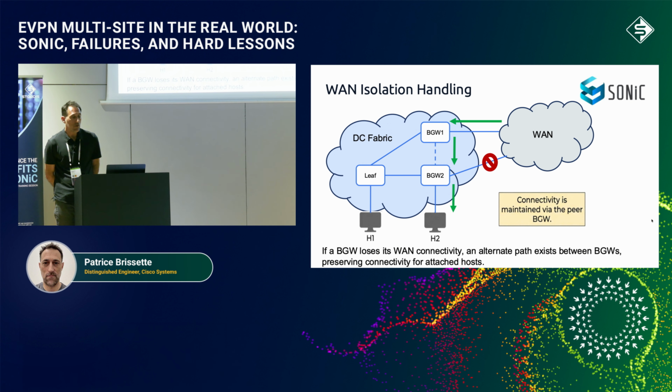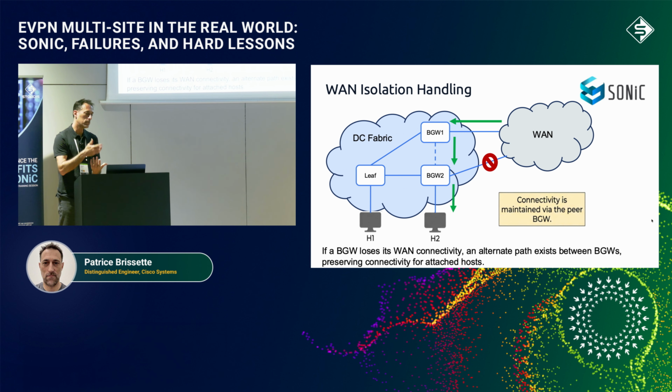So one way to do this is to put a peering between the two border gateways. Some people say, yeah, but now you're burning something. Yes, you may burn something, but if you start doing that, at least I can guarantee you some connectivity. The other way people will tell me, hey Patrice, when I look at this picture, I still have reachability through my leaf.